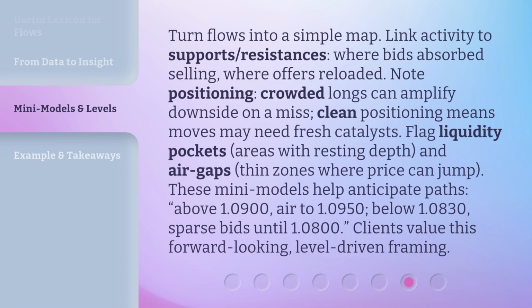Turn flows into a simple map. Link activity to supports and resistances. Where bids absorbed selling. Where offers reloaded. Note positioning. Crowded longs can amplify downside on a miss. Clean positioning means moves may need fresh catalysts. Flag liquidity pockets, areas with resting depth, and air gaps, thin zones where price can jump.